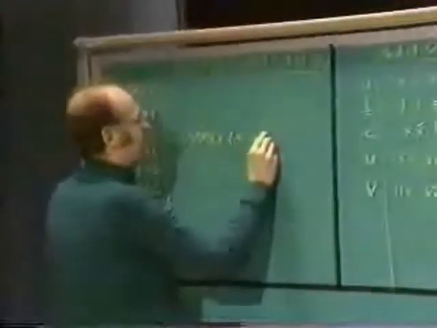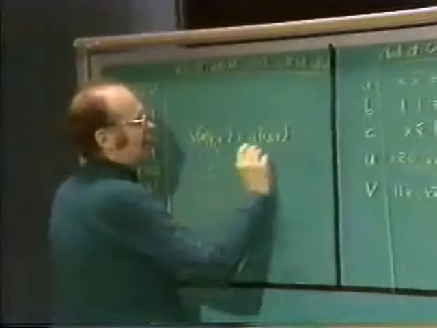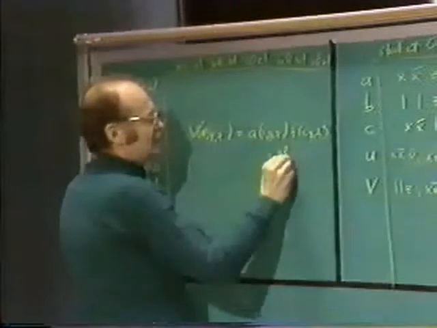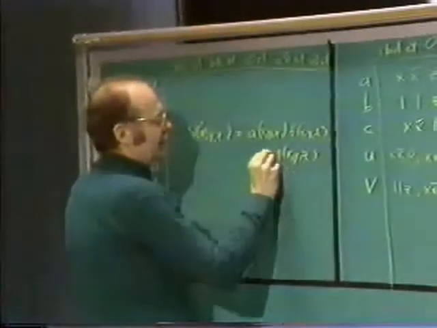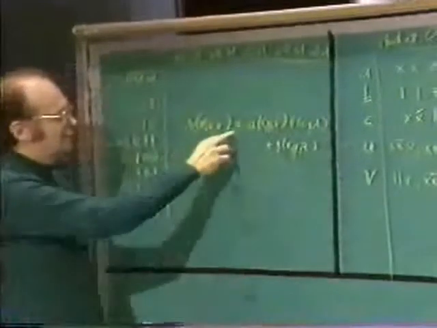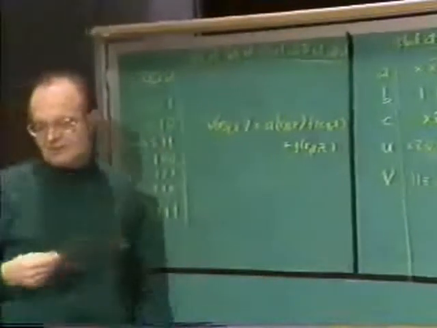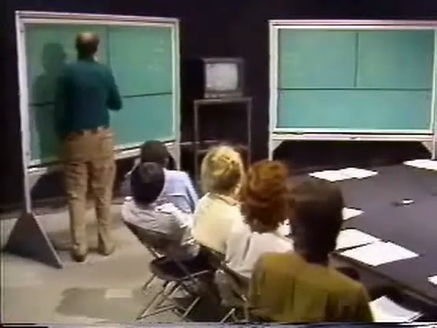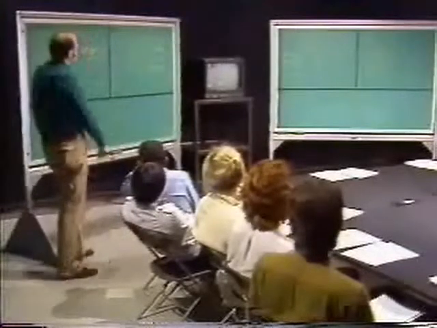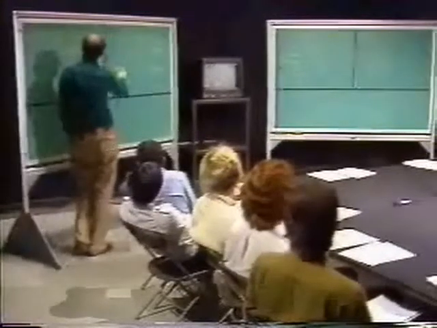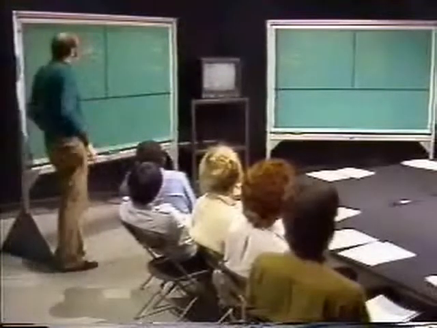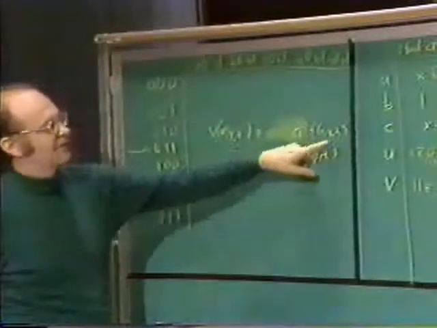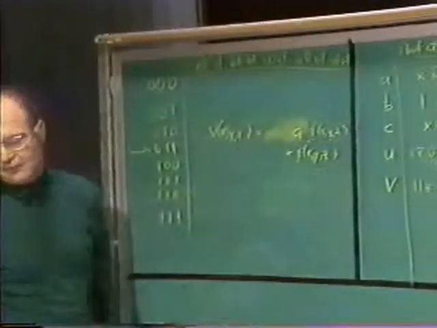Well, this would be A times f of x, y, z plus g of x, y, z, where I've replaced the polynomial in x, y, z by a polynomial in A, x, y, and z. A is the result of gate A, and it's been combined with other polynomials. So f and g are polynomials, but A is the coefficient. These are the terms that have an A in them, and these are the terms that don't.